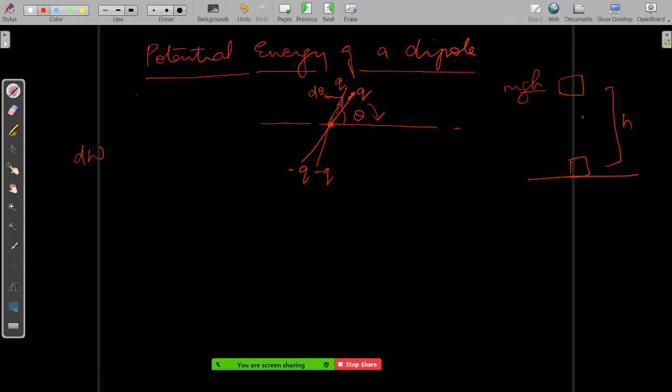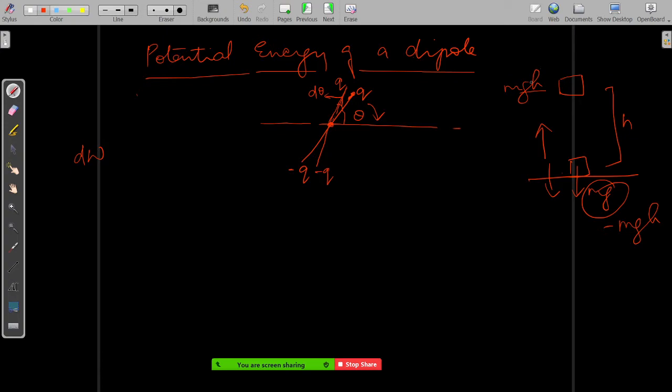And in terms of mg also, the total work done by mg is minus mgh, because mg is acting downwards and h is moving upwards. This mgh is the external work done. If you are moving it slowly, you are applying a force on it in the direction of movement only, so your work done is positive.